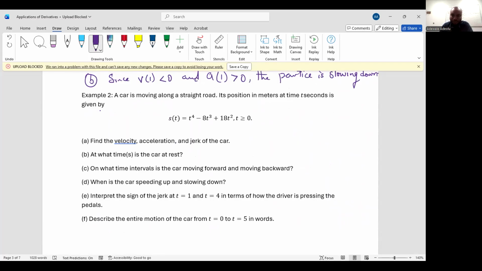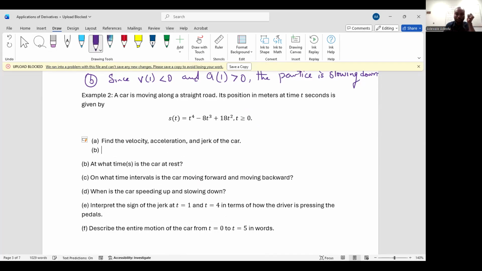Its position in meters at time t seconds is given by that function, and we are told time is positive or equal to 0.